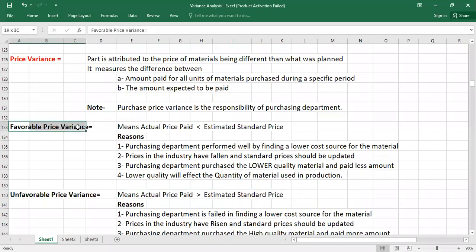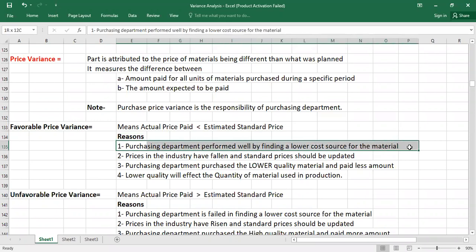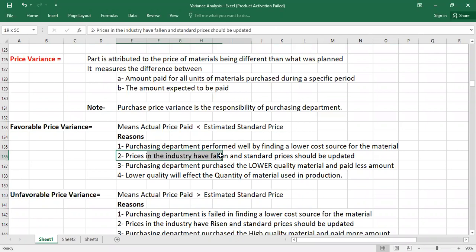Now we are going to look at the reasons for the favorable price variance. As I told you, favorable price variance occurs when the actual price paid is less than the standard price. So these are the following reasons. Reason number one, maybe your purchasing department performed well by finding a lower cost source for the material. Reason number two, maybe prices in the industry have fallen and the standard prices should be updated.